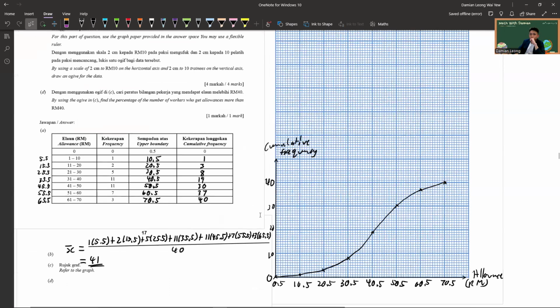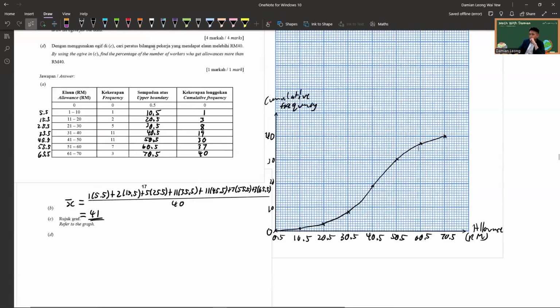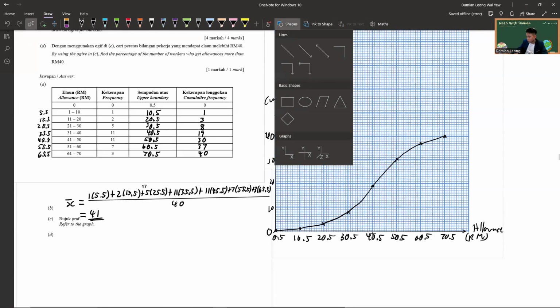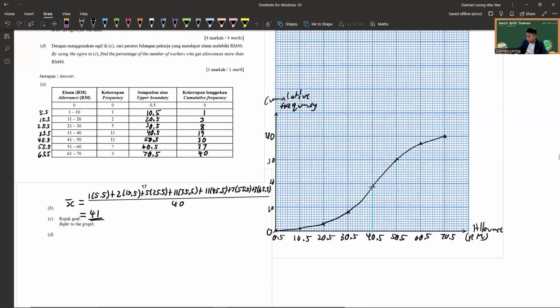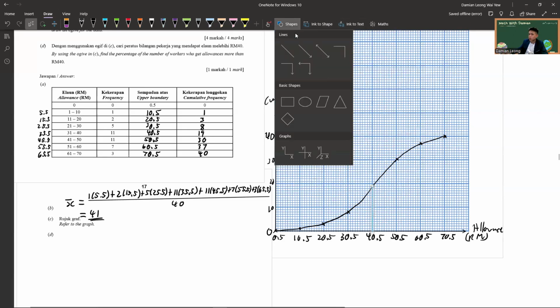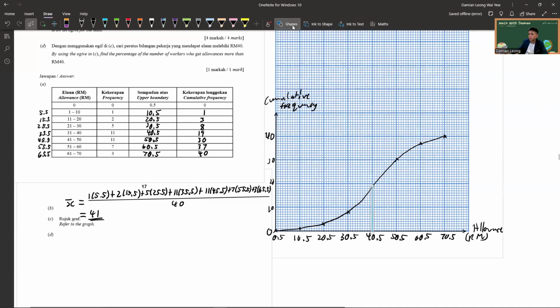Part D, by using the ogive, find the percentage of the number of workers who got allowance more than 40 ringgit. So we look at 40 point, yeah, we can actually look at the 40.5 here. Yeah, it's 19.